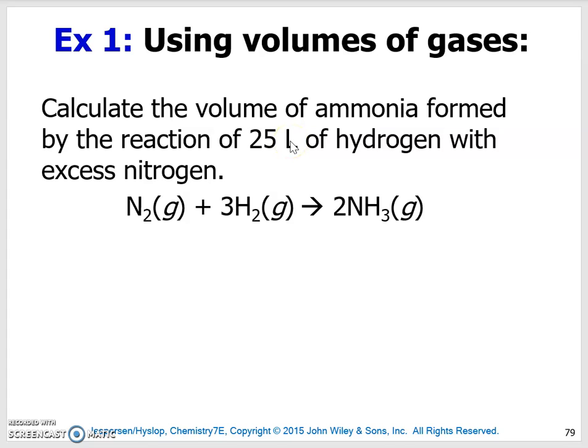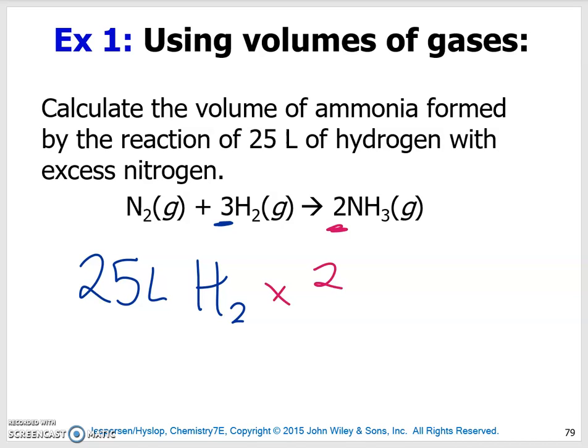And so we've got 25 liters of hydrogen. We want ammonia, so we go wanted over given. So we use the mole fractions just like we would for moles, but instead we're saying it's proportional to the volume as well.